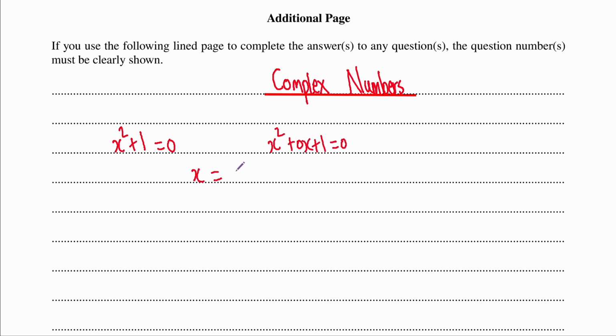So you're going to have x is equal to 0 plus or minus the square root of b squared, so that's 0 squared, minus 4ac, so minus 4 times 1 times 1, so minus 4, all over 2a, so all of this divided by 2. What do we get? We get x is equal to, the 0 goes away, so we have plus or minus the square root of negative 4 divided by 2.